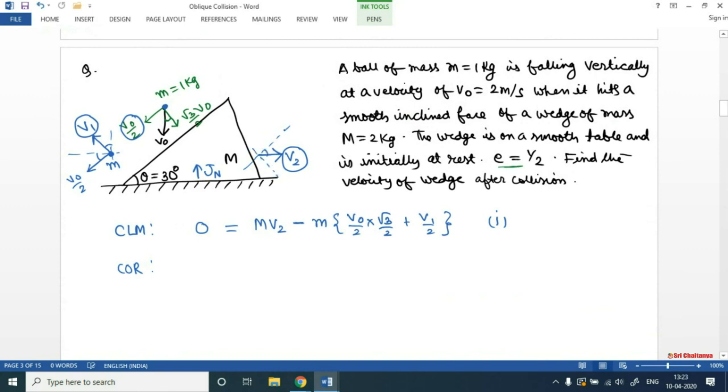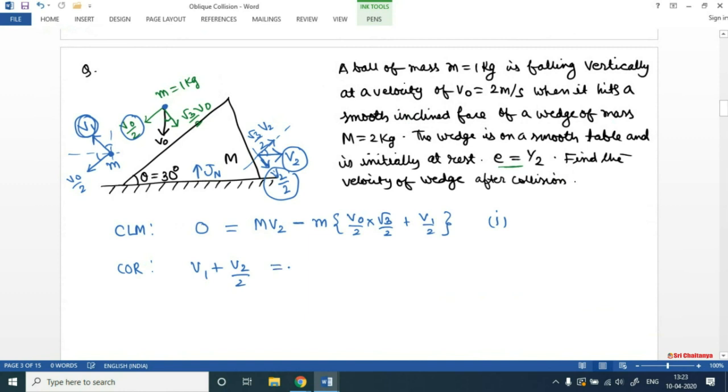This angle is 30 degrees, so this is v2 cos 30 degrees, that is v2 into root 3 by 2, and this component is v2 by 2. So the velocity of separation is v2 by 2 in this direction, and the ball is flying with velocity v1, so that would be v1 plus v2 by 2.